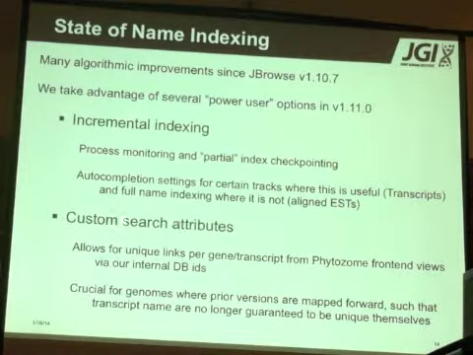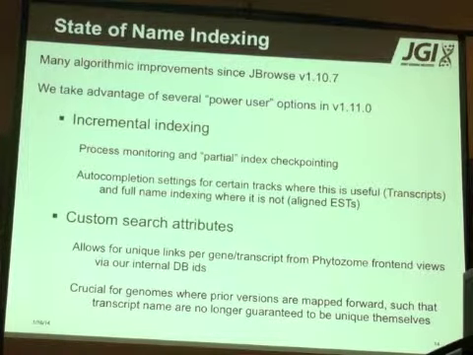As well, we also include custom search attributes, which I think is something that's only been available for a few weeks now. And this is mostly useful for us because from the front end, it's nice to be able to have a unique link that's built on our internal database IDs for a particular transcript, because we are not guaranteed that a transcript name is unique.